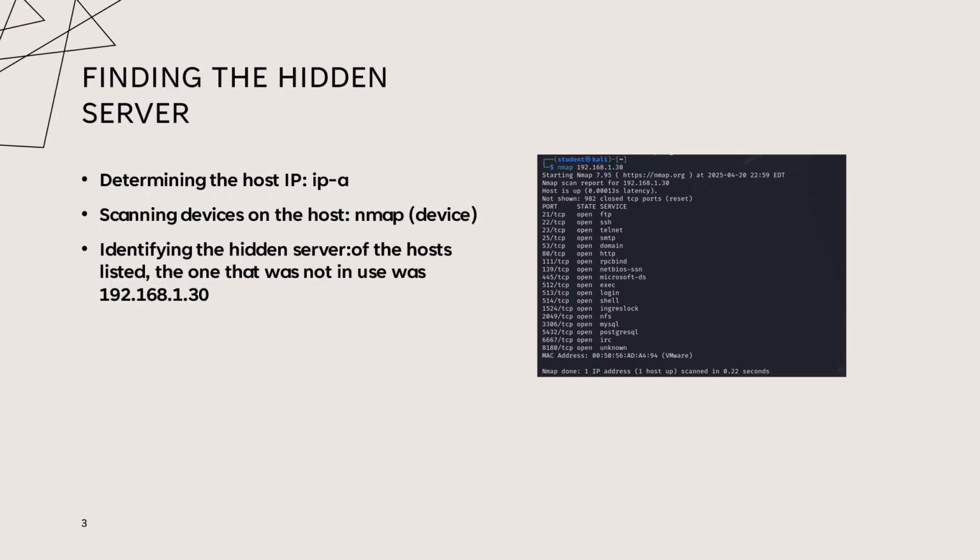Through the Nmap scan, there was one particular device connected to this host that stood out, which was not configured during our semester project of configuring servers, and it was 192.168.130. As I could tell through port 445, it had a Microsoft database system service in use, and by determining that, I was able to classify it as a Windows server.